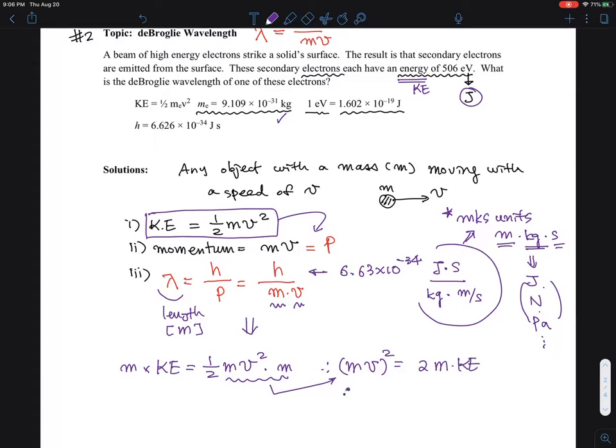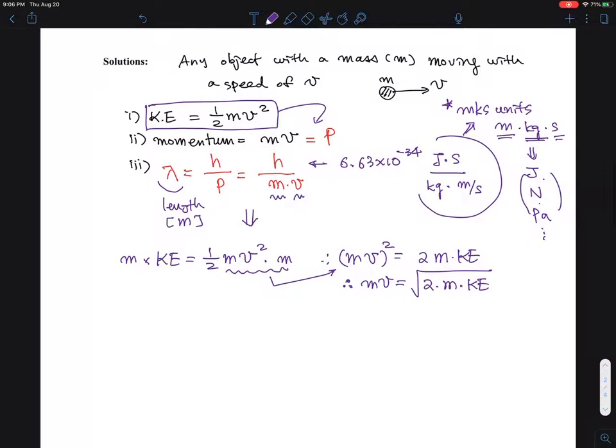Therefore mv is the square root of 2 times mass times kinetic energy. That is my shortcut way to get the momentum p, which I plug right into the equation.